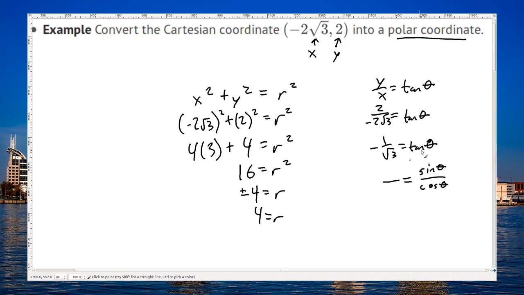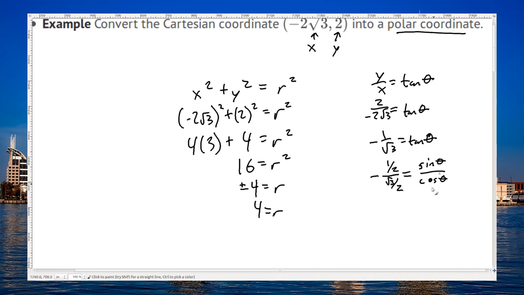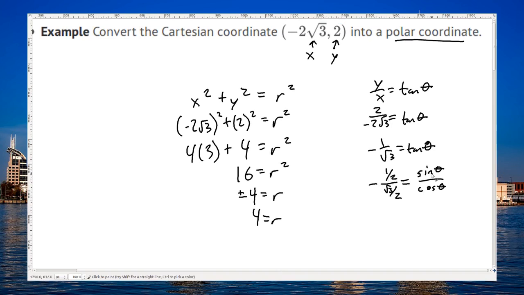Then we have 1 and root 3, but to put it on the unit circle, we'll have to divide both by 2. That'll give us negative 1/2 over root 3 over 2. So our sine should be 1/2 or negative 1/2 because of that negative here, and then cosine should be root 3 over 2.